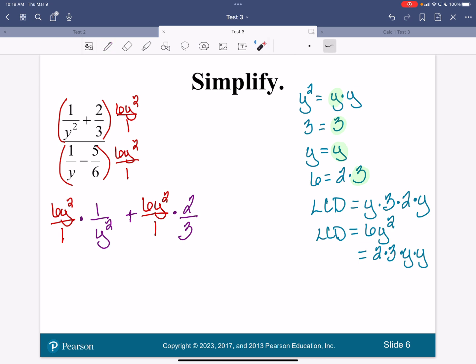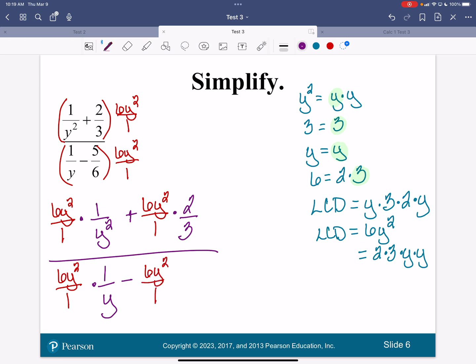Now we're going to do the same thing in the denominator. I have 6y squared over 1, and I'm going to multiply that times my 1 over y. Then I have 6y squared over 1 times 5 over 6.